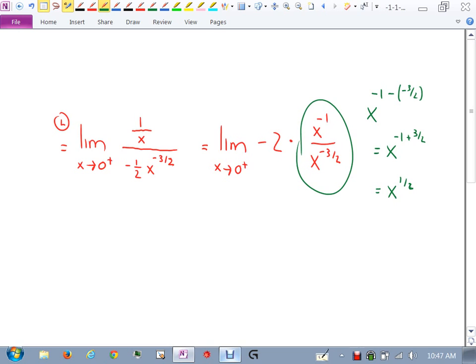Square root of x. So this becomes the limit as x approaches 0 from the right of negative 2 square root of x. And where does that go? Let x go to 0. 0.